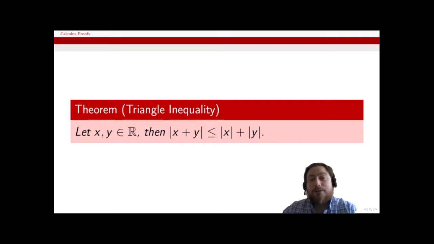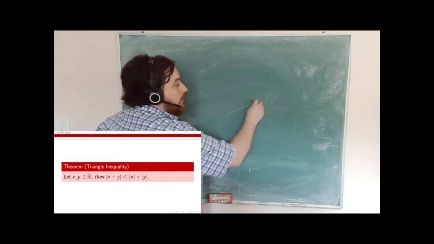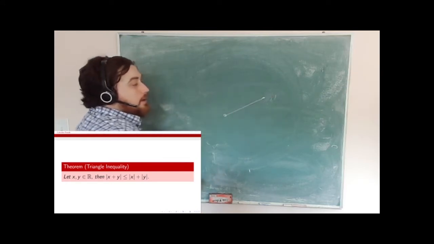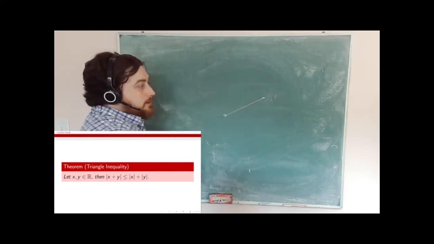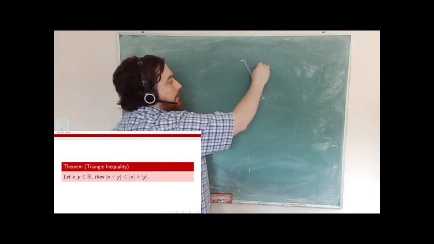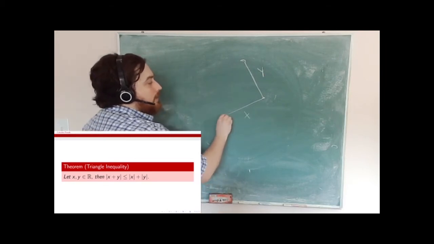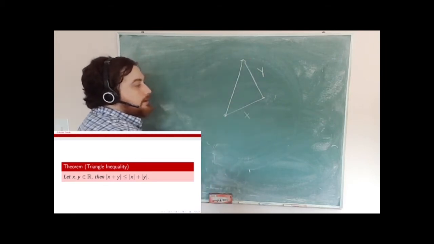To see this, I'm going to look pictorially at what this means and why it's called the triangle inequality. If I take a value x in two dimensions, here's x, here's y, and if I add them, here's x and here's y. But if I take x plus y, I just get this side.